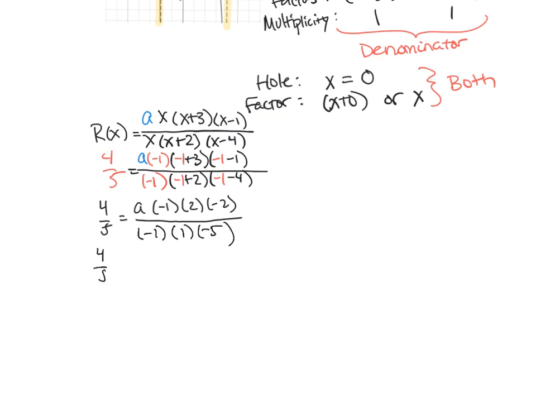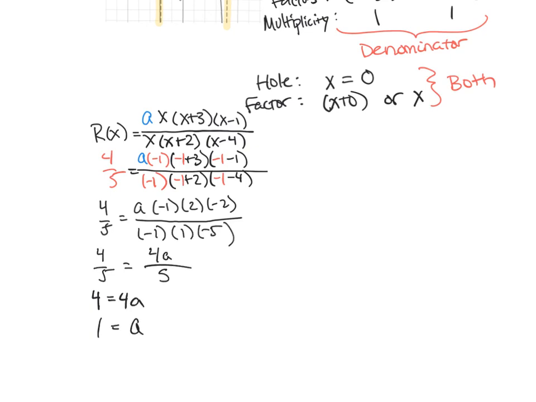Let's see, 4/5 is equal to, in our numerator, this will be 4a. In our denominator, that will be 5. So I can multiply both sides by 5 and get 4 is equal to 4a, and then I can divide both sides by 4, and I can get a is equal to 1.